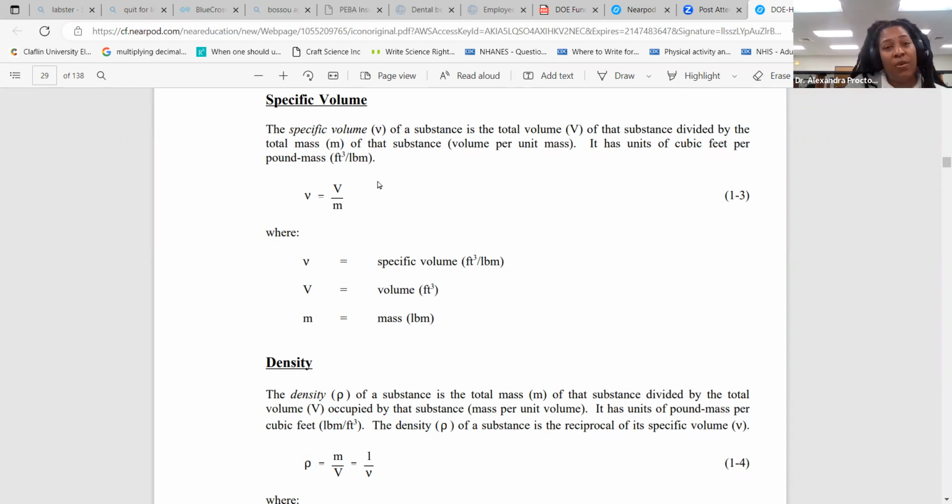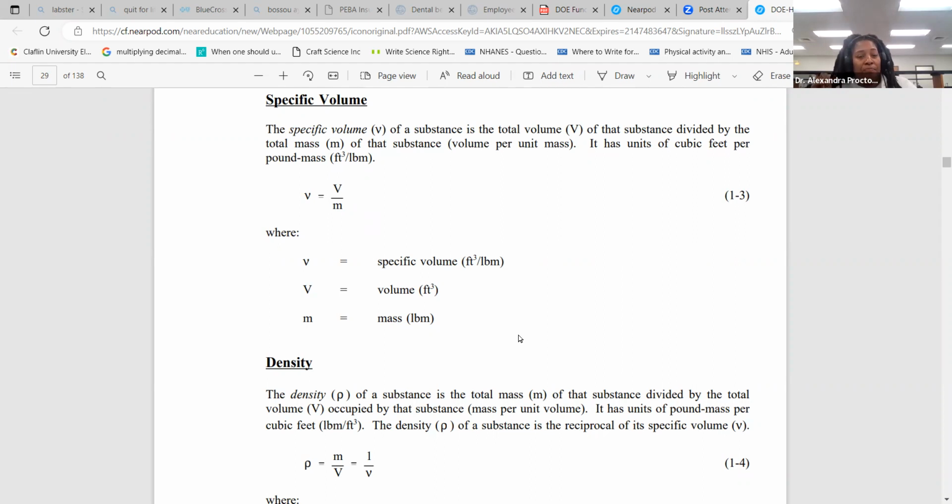And then they give you an equation for determining specific volume. So specific volume is equal to the volume, remember they said the total volume, divided by the pound mass. And remember, for this particular scenario, we are using the English system.